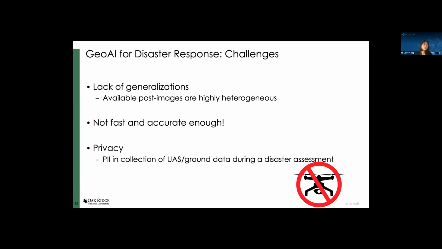And more importantly, the privacy issue was emerging in these 2 events. We recognize that UAV or ground data collections are very helpful for damage assessments. But remember, when those images have such high resolution that you can see the cracks in your buildings, that also means the image itself will reveal the license plate numbers of your car.